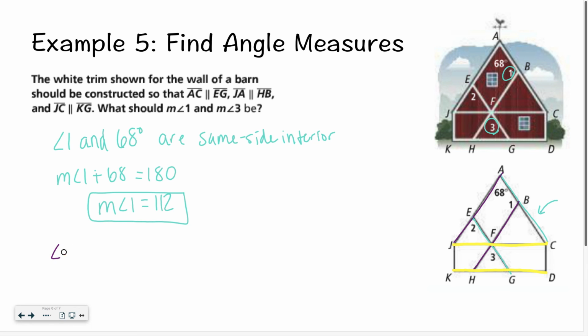Angle 2 and angle 3 are corresponding. And if I look at angle 2, I see that angle 2 is related to another angle. Angle 2 and the 68 degree angle are also corresponding.